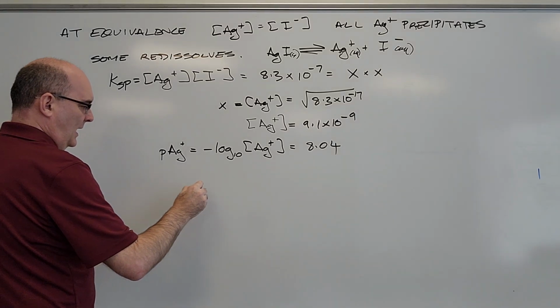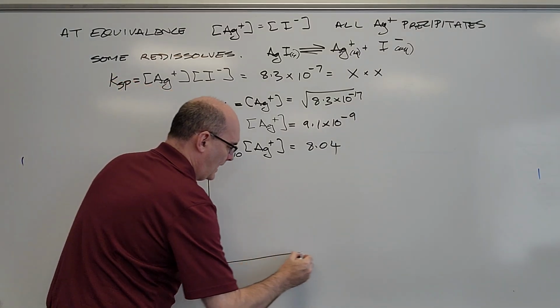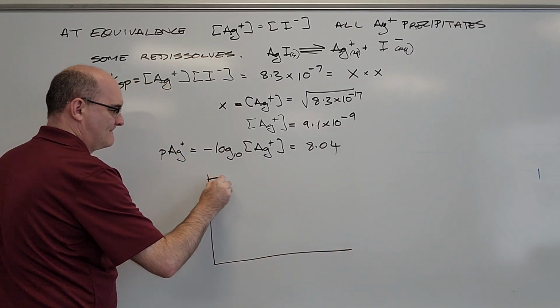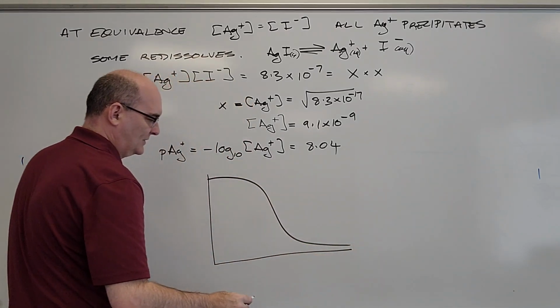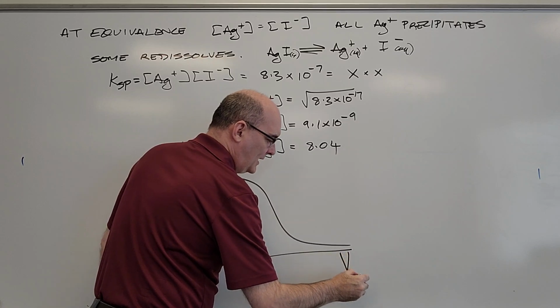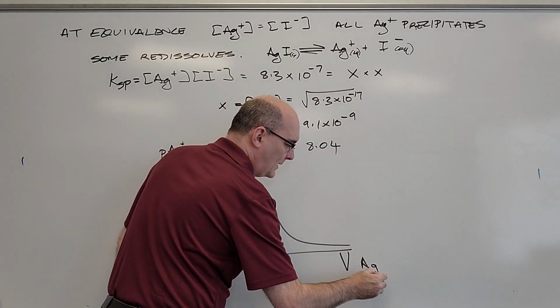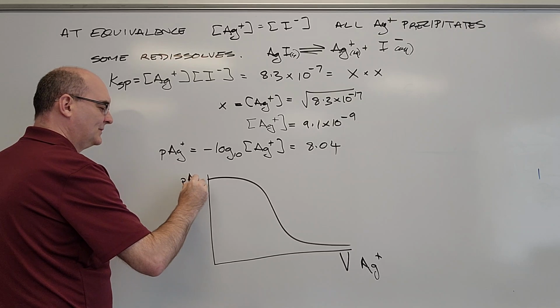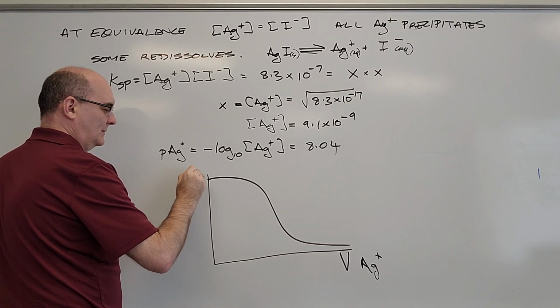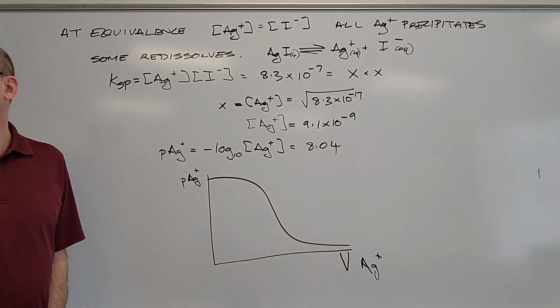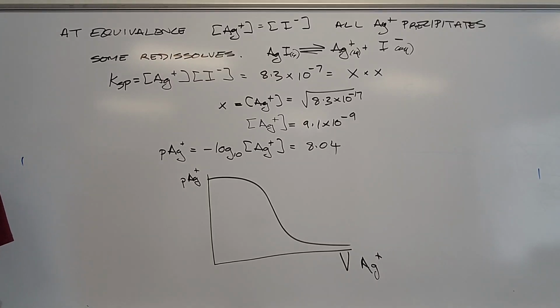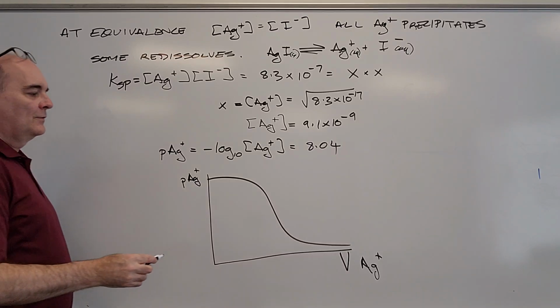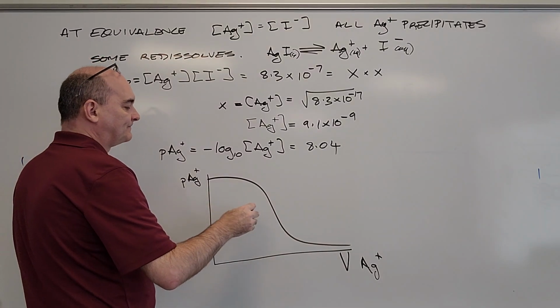Remember, we have a titration curve that looks something like this, where here is the volume of the added silver ions, and then here is this P factor for the ion that we're looking out for. And if you can do it for pH, then you can do it for any dissolved ion. Okay? There are three distinct regions.